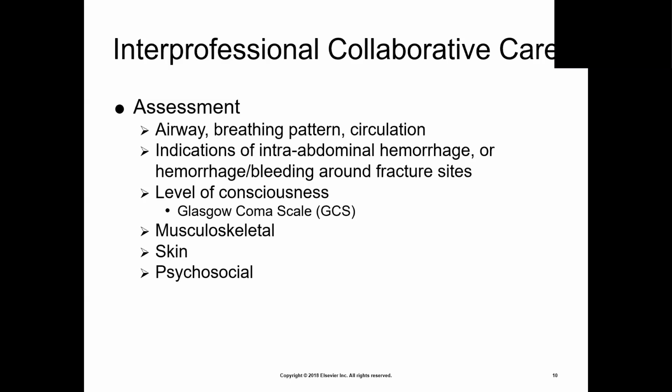So if a person has had a spinal cord injury, obviously this is a very life-altering process for them, and there's likely going to be some psychosocial components that we want to establish. Skin integrity, again, these are things that we're going to have to think of for this patient and be mindful of as we're establishing their plan of care. Okay. Make sure you establish a baseline on these guys.